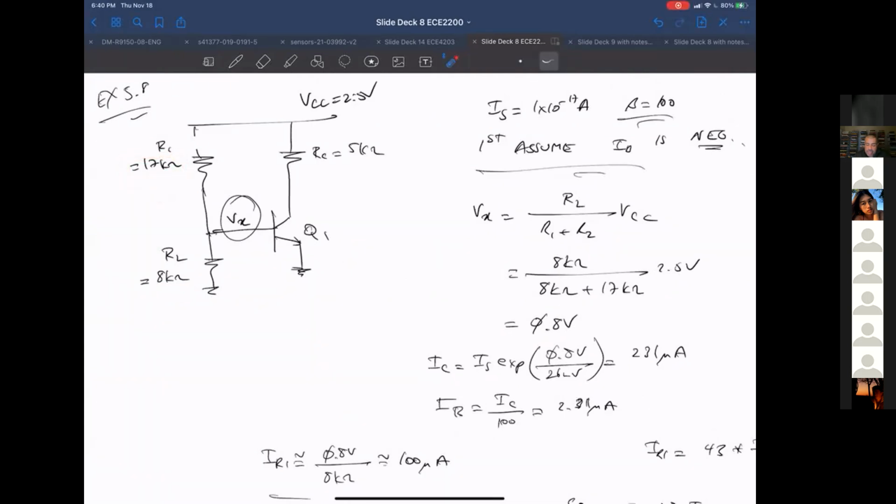There's variation from resistor to resistor. If you buy, say, 17 kilo ohm resistors, you're going to get them either with 10% variation, or if you want to pay more, with 1% variation.